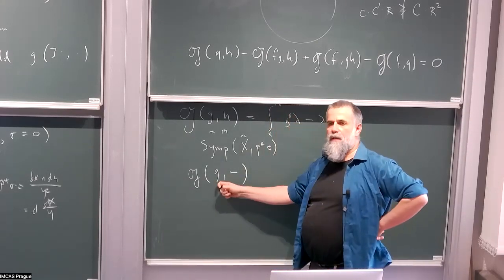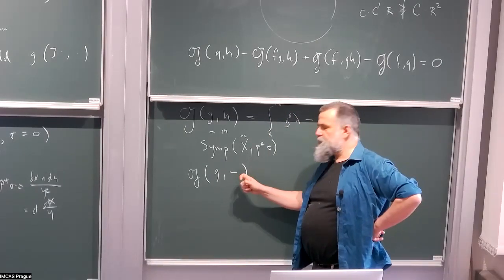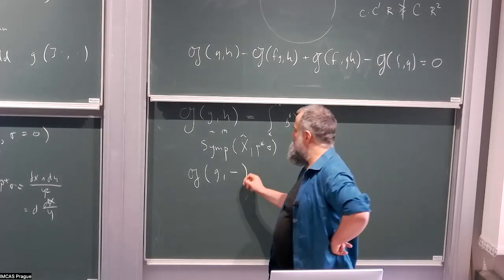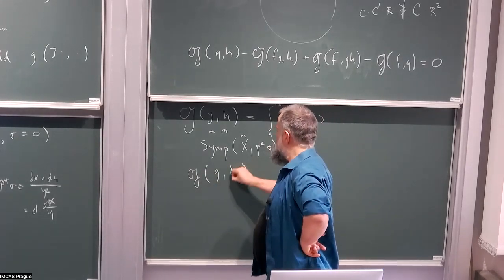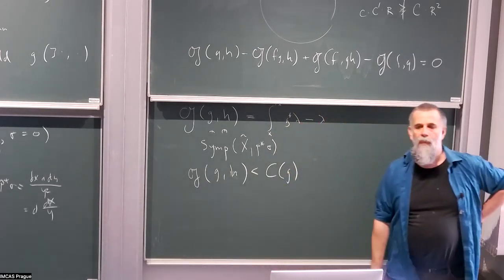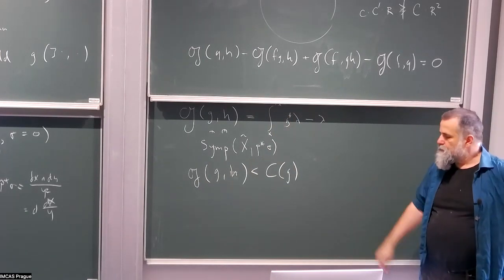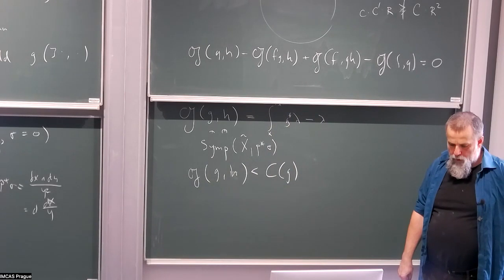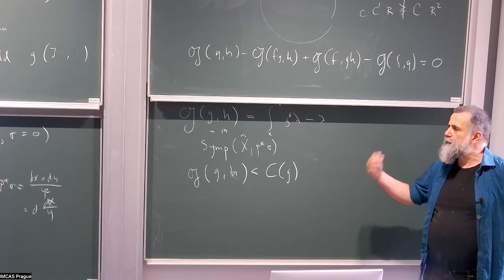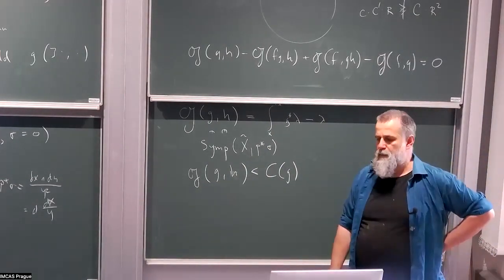If I fix g, I'm getting a function of one variable. And I claim that this thing is bounded. There is some bound, so this thing is bounded by something depending only on g. Okay? So at this point, which was something like 2011, we called this a semi-bounded cocycle.